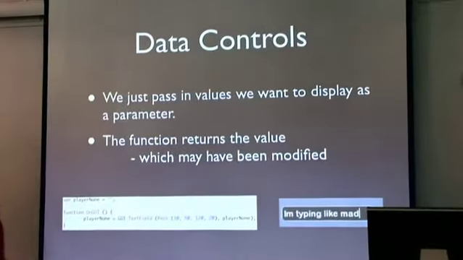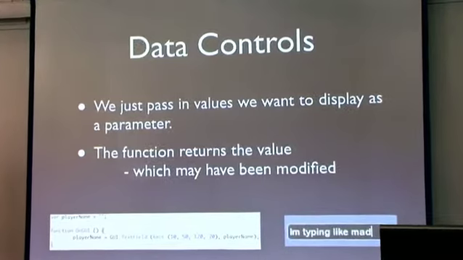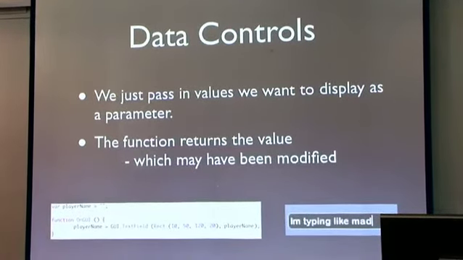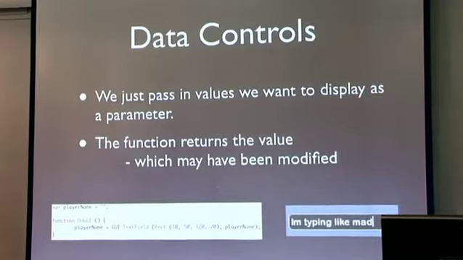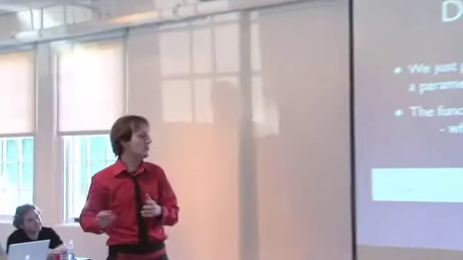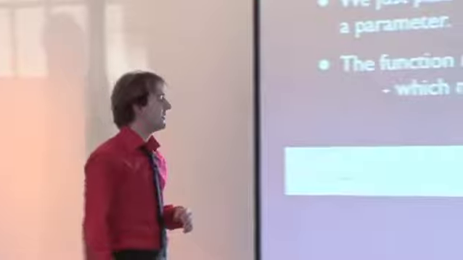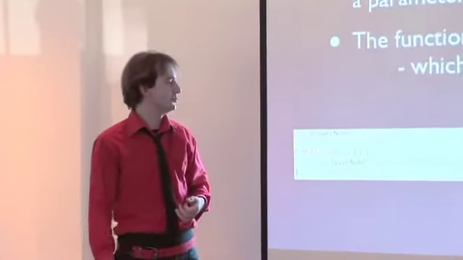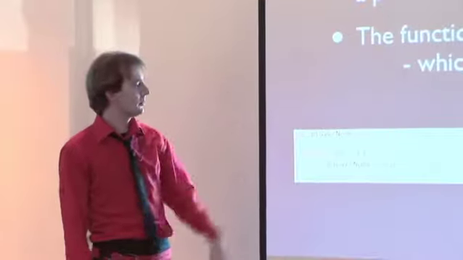Good? So, we can also have data controls. Normally if you have a text field in a GUI, you assign myTextField.text equals something. Here it's a parameter. And if the user can edit it, the function will return the edited value. So we have a small example here.